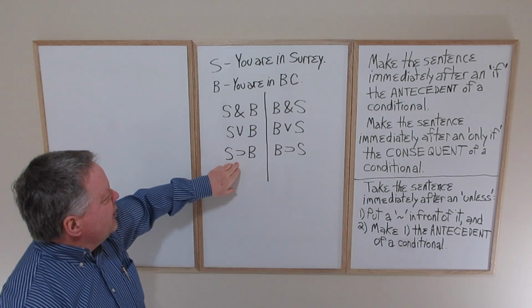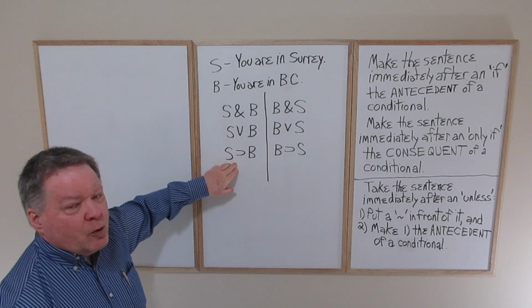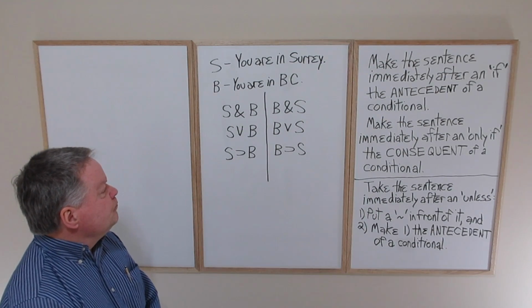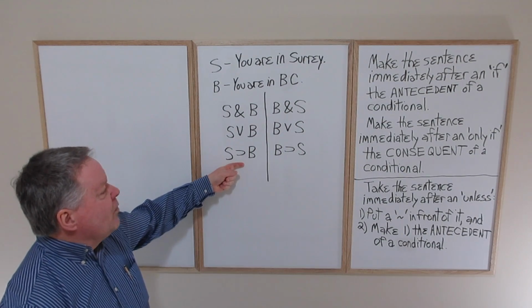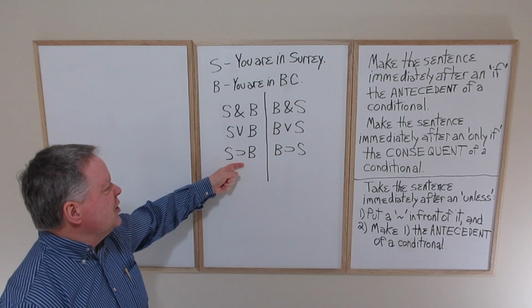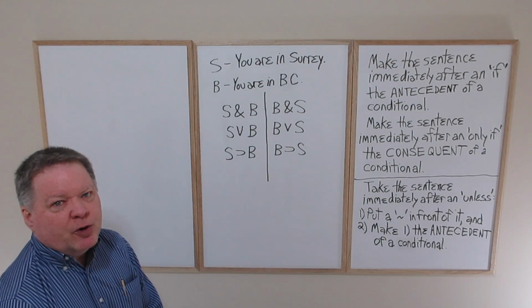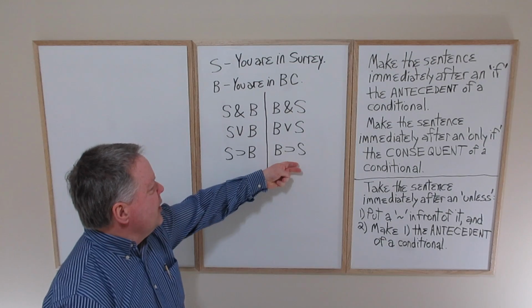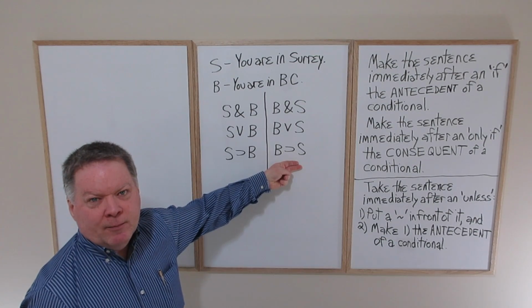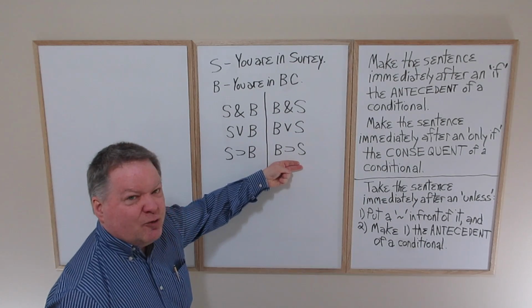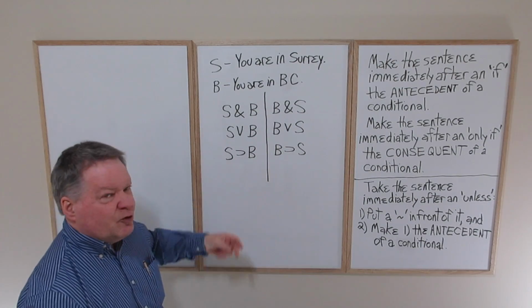Now let's consider the conditional though. The way we would read this is, if you are in Surrey, then you're in British Columbia. That's true as a matter of geographical fact, but notice what happens if we switch the order in the conditional. If you're in British Columbia, then you're in Surrey. This sentence is false, whereas this one is true.